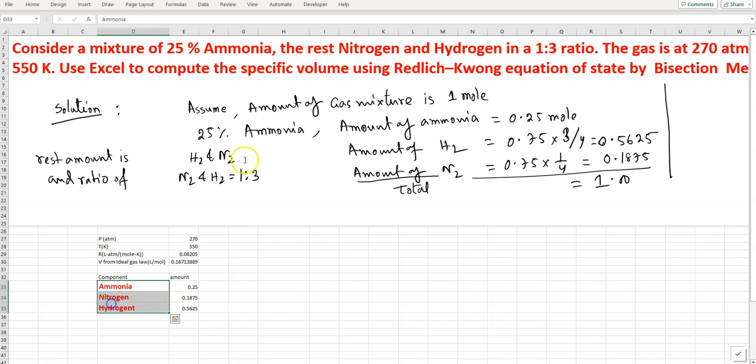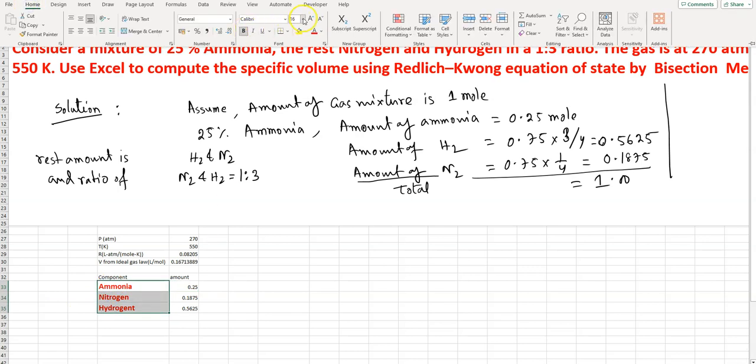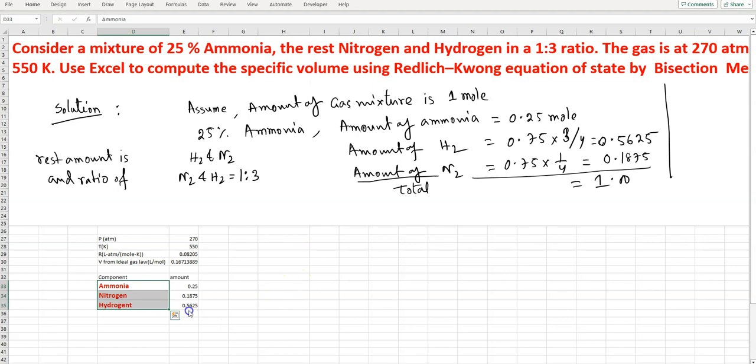Now the total will be the sum of these, which must be 1. From here we can also calculate the mole fraction.